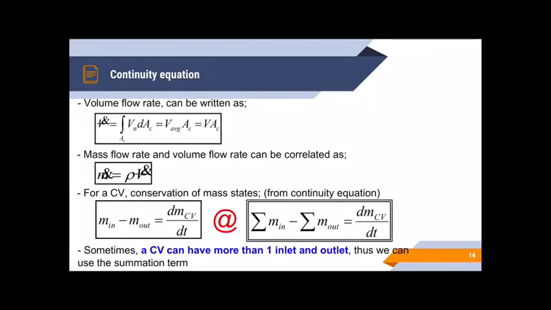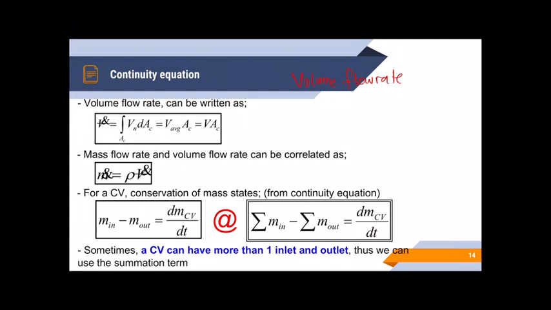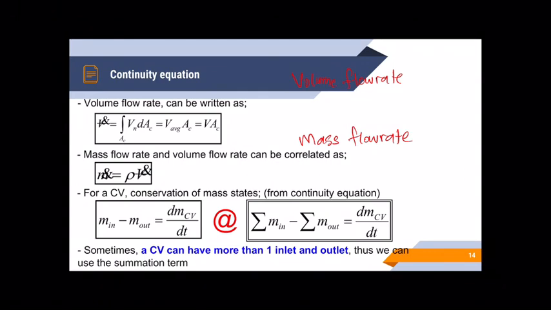I have to say the slide is not very good, so just bear in mind there is volume flow rate. You will see this many times when you do the exercises, even in the test. We have mass flow rate, and volume flow rate is usually represented by a symbol like this.